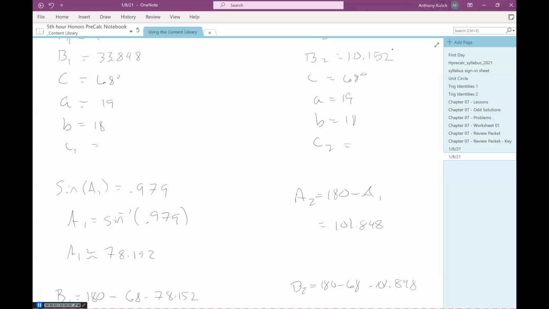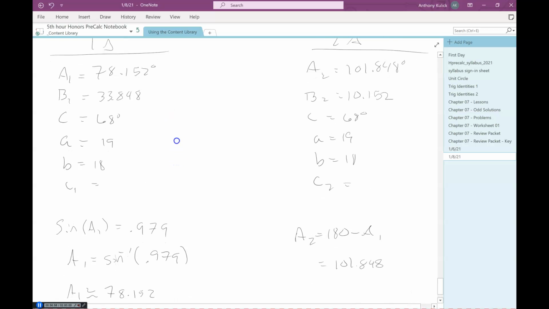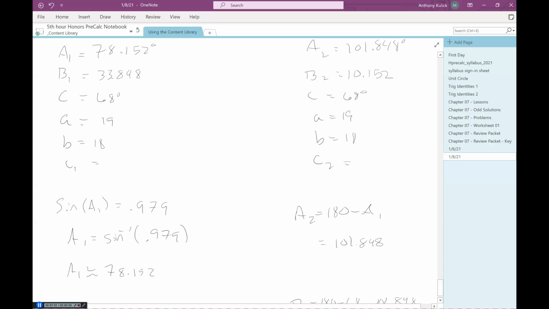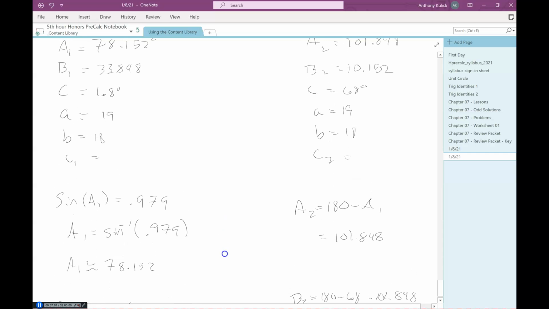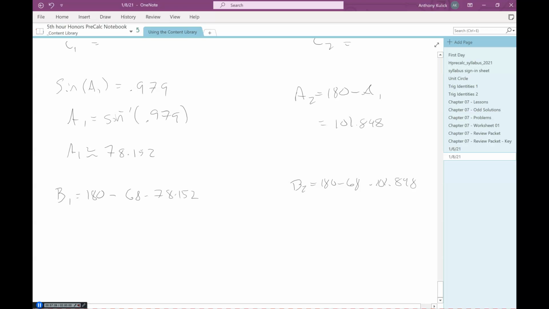And now that I have the other two angles, I can find side C. So I'm going to use, it doesn't really matter here.